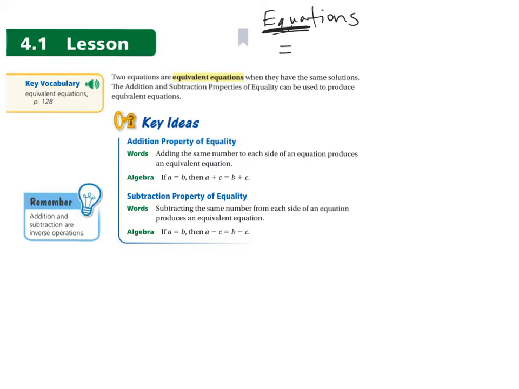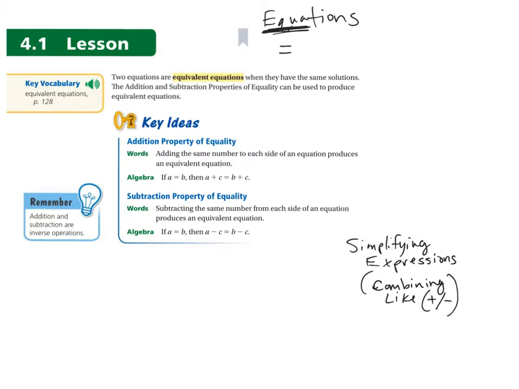in equations. So if you remember from expressions, we were simplifying expressions, right? And that was combining like terms, and combining like terms was addition and subtraction.